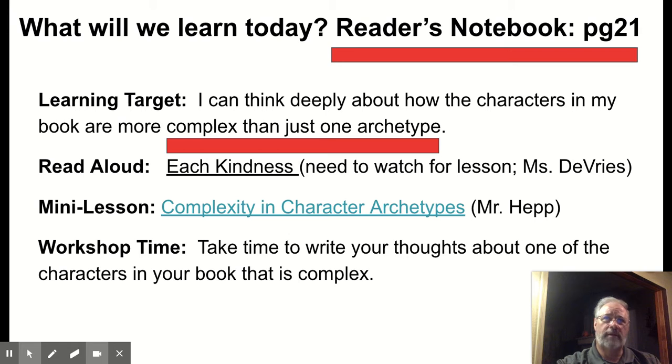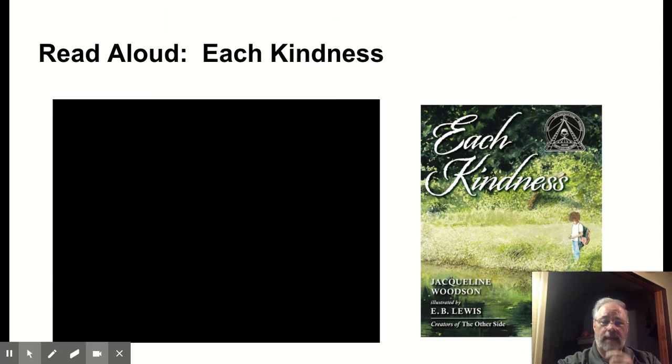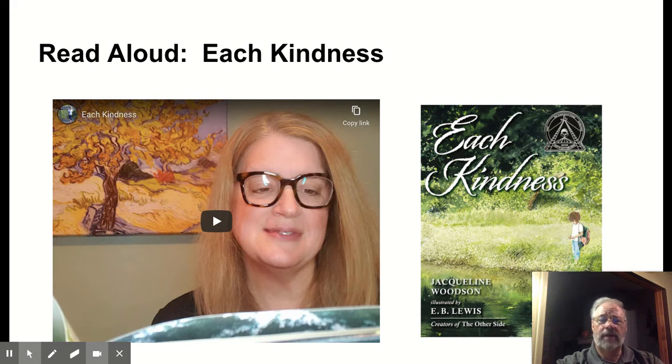Not always is it a neat fit, where it's for sure that if you say they're a hero or a magician or a jester or an outlaw, they fit perfectly in that category. Because they may show some signs that they are, and then there's some things that they may do that show that they're not. Okay? To be able to do that, though, you're going to have to watch this video.